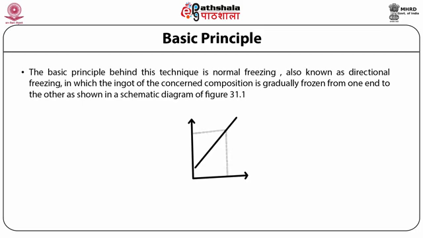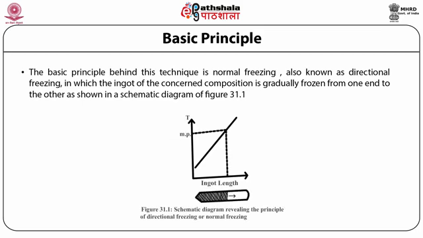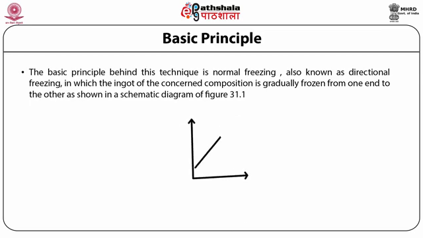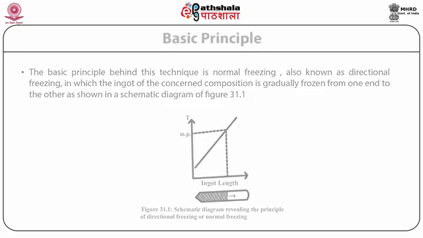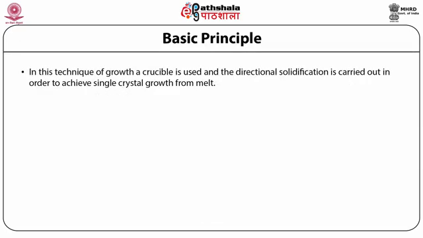Figure 31.1 is a schematic diagram revealing the principle of directional freezing, or what is also called normal freezing. In this technique of growth, a crucible is used and the directional solidification is carried out in order to achieve single crystal growth from melt.